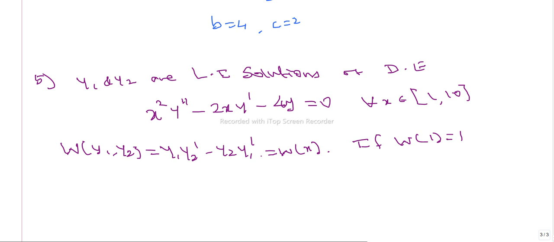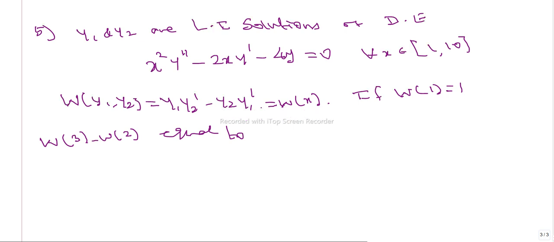Then the question is, what is W of 3 minus W of 2 equal to? The options are 1, 2, 3, 5.